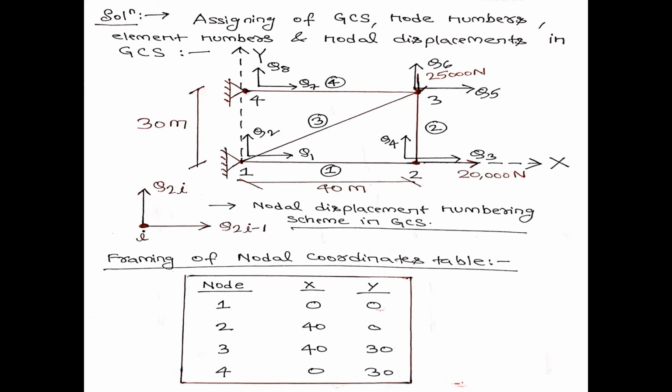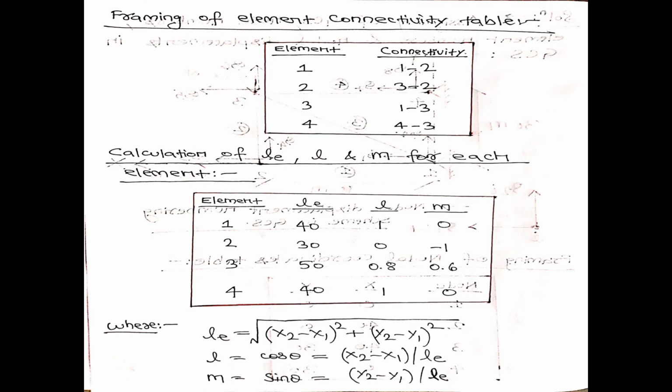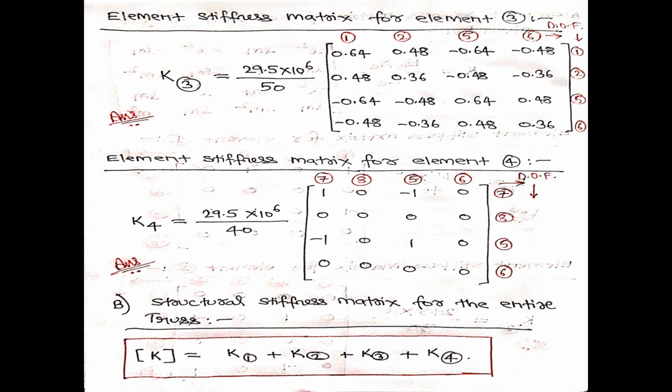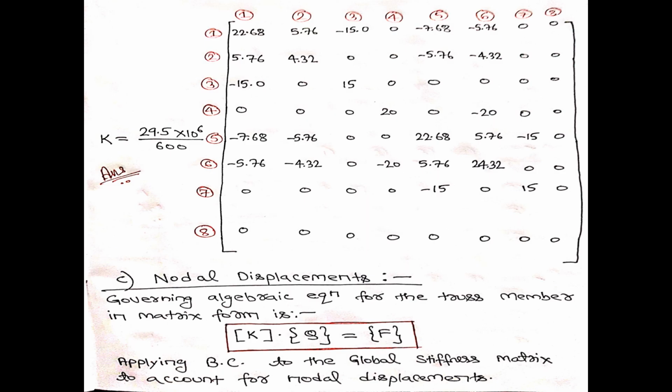F is equal to k into x, where k is your stiffness matrix, F is your force vector and x is your displacement vector. Similarly, for this entire truss member, the global governing algebraic equation is k into q is equal to F, where k is your global stiffness matrix, which you determined in the second part of the problem, that is this matrix, into q.